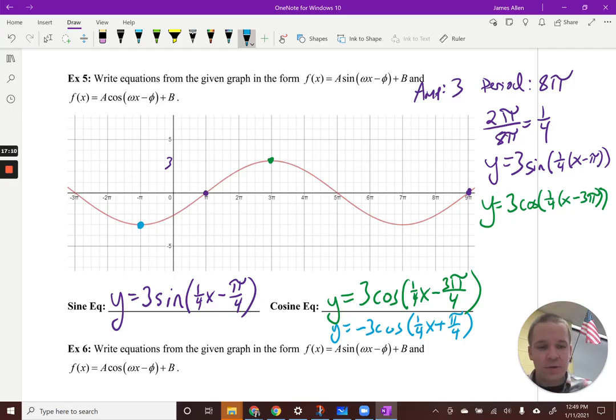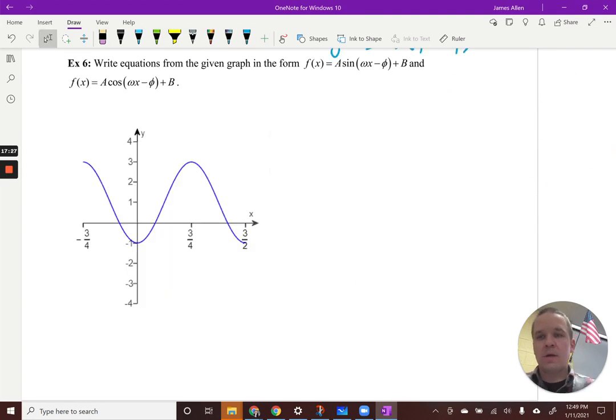There's an infinite number of appropriate equations for either one of these. We just usually keep it close to the y-axis, and also oftentimes shift in the same direction if needed. Totally up to you. Either one of those would have been acceptable.